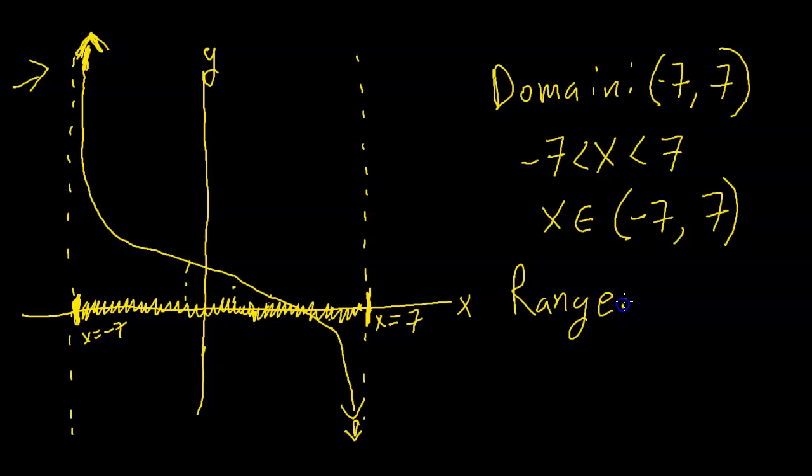What could the range of this function be? Remember, the range is all the corresponding y values to this graph. Let's look at how positive the y values go. Well, if this side of the graph continues up infinitely, all the way up to infinity on the y-axis will correspond to this graph.